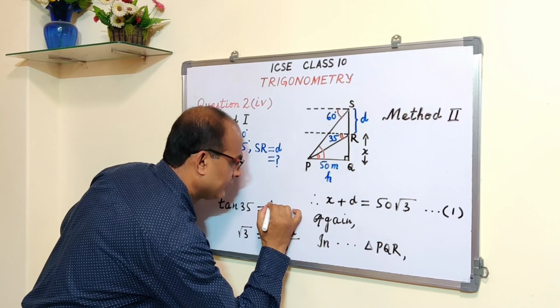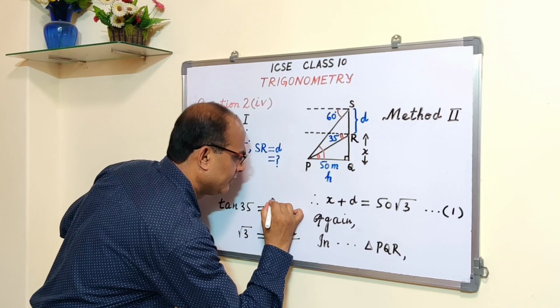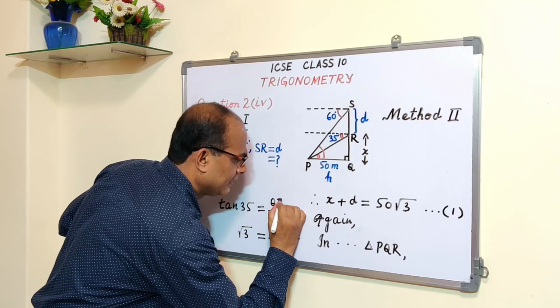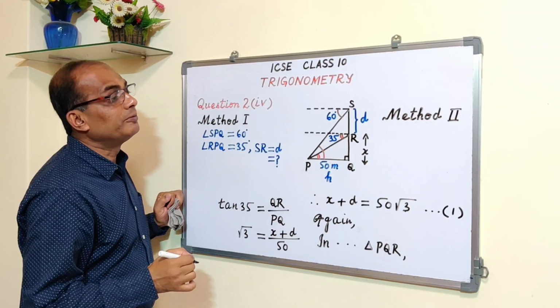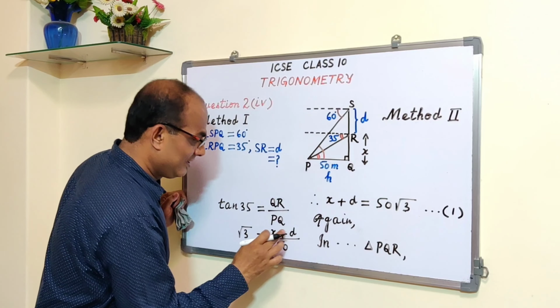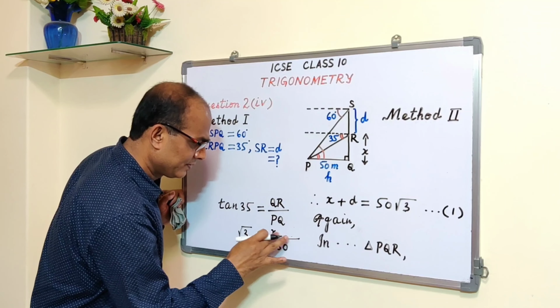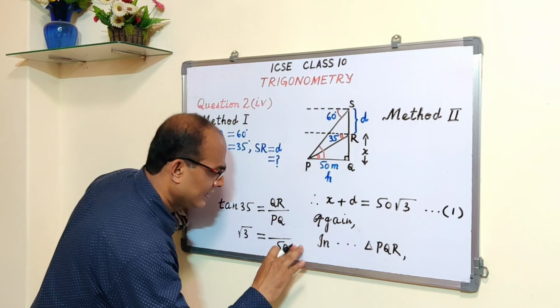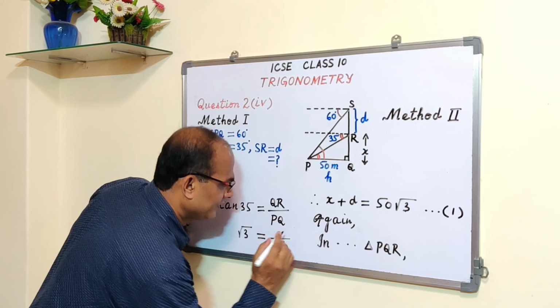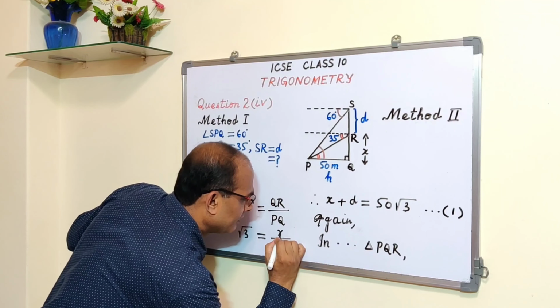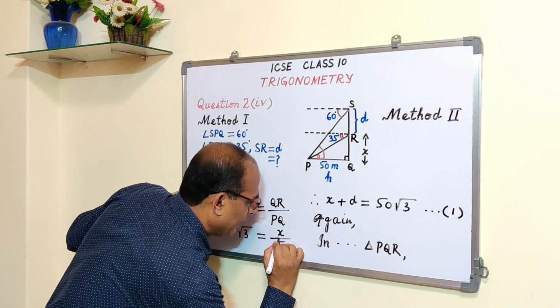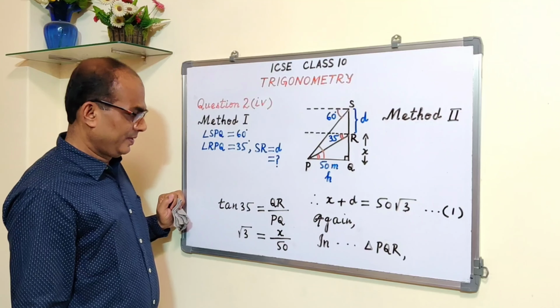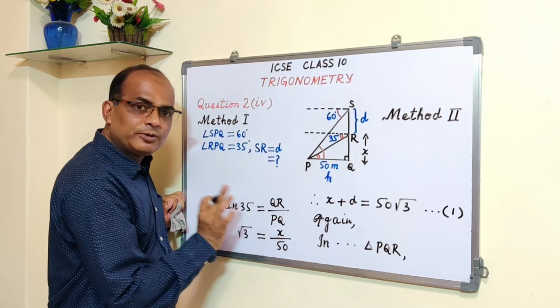Now QR is x, so simply x upon PQ, which is 50. So x upon 50.